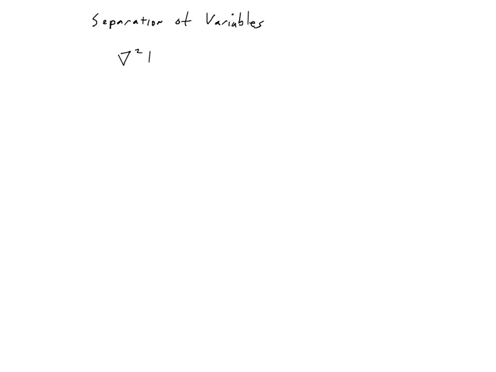So you have, for example, Laplacian of psi minus 1 over c squared, second derivative of psi with respect to time equals 0. It's the old-fashioned wave equation, but we're doing it in 3D.